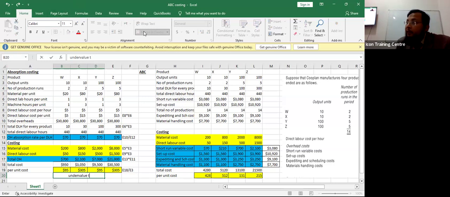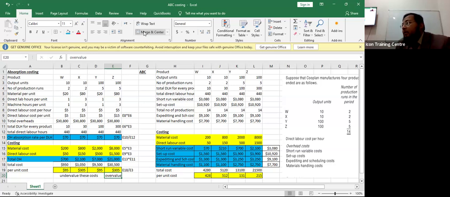We will undervalue these costs if we use absorption costing, and we will overvalue this if we use absorption costing. So which one is better? This is absorption. You tell me which one is better. ABC. ABC, absolutely. ABC is best. Because ABC is giving you a clear-cut picture, whereas absorption is giving you misleading figures.